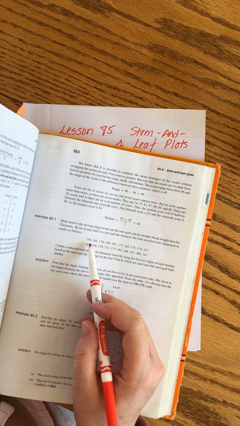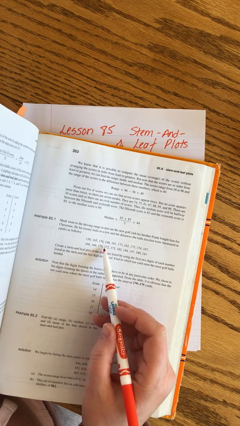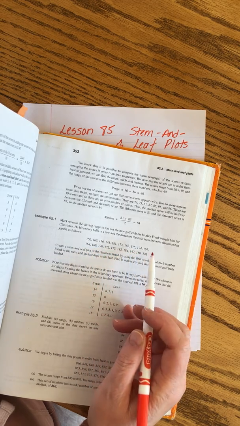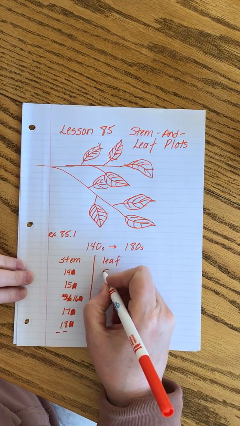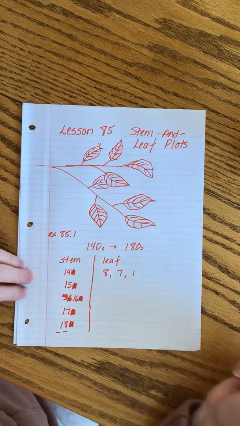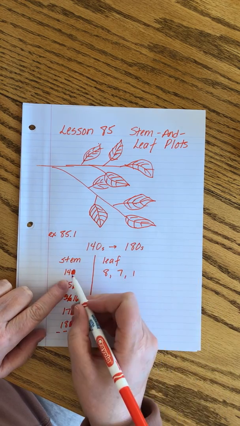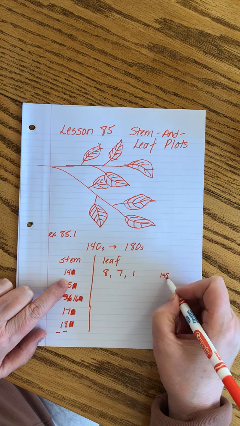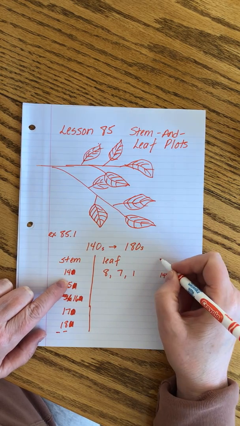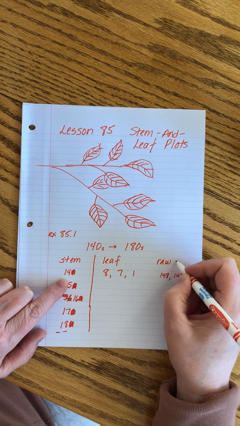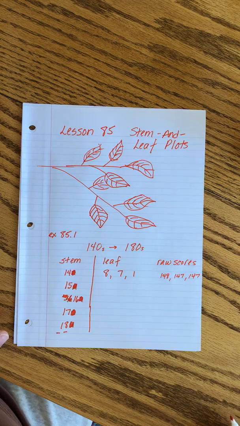In the 40s, I see there's a 148, a 147 and a 141. So we don't have to write them in order, we can just write 8, 7, 1. By putting these two pieces of information together, we can reconstruct, oh, this means we have 148, 147, and 141. These are the raw scores, right? That are represented in our stem and leaf plot.